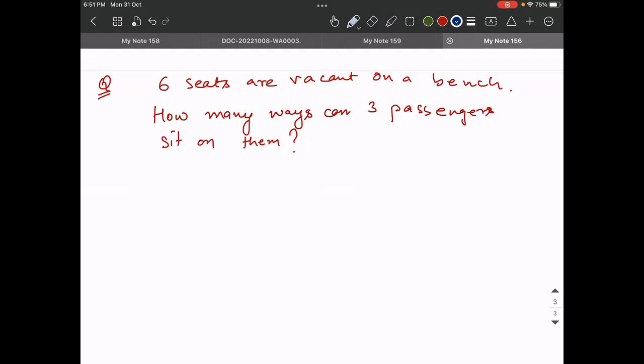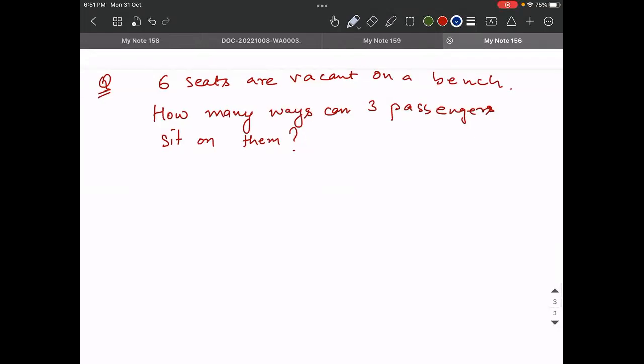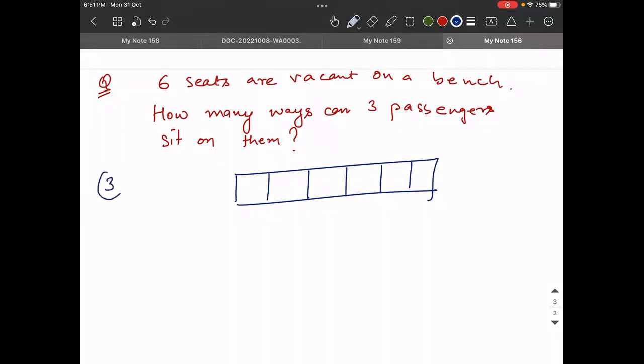See, there is a train compartment, right? We have done these types of problems in the previous class, not exactly this one. And 6 seats are vacant, and there are 3 passengers, let's say A, B, C. So how many ways can we fill this?